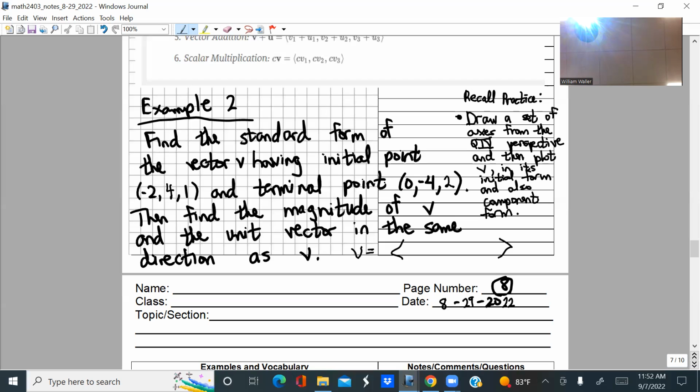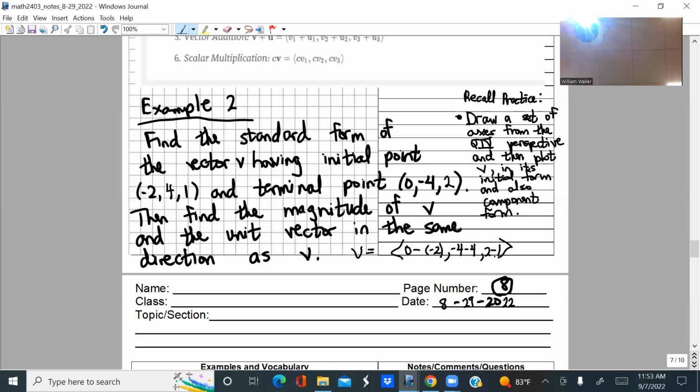Well, remember, you get that just by taking the difference in the components, right? So you would have 0, here's the terminal point, minus negative 2. That's going to be the x component. And then negative 4 minus 4. Am I doing that right? Yeah, that's going to be the y component. And then 2 minus 1.